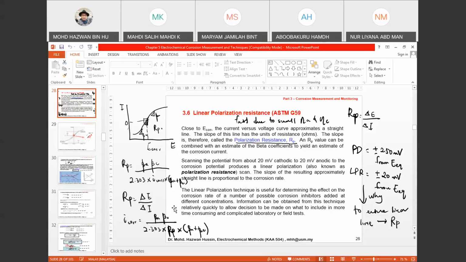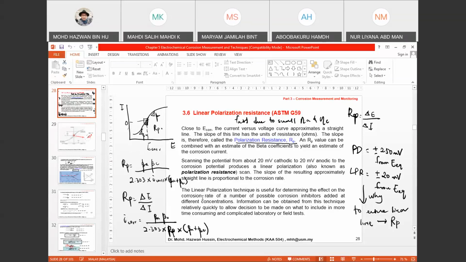Meanwhile, for LPR, the plot is a normal linear current versus potential. So you're not going to get a Y shape or T shape plot that we call a Tafel plot, but instead you will get a linear or S curve.